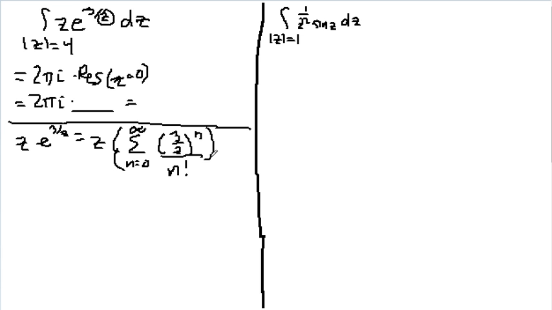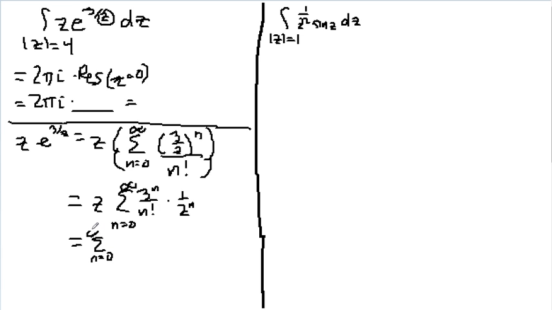If we simplify this a bit, this is 3 to the n over n factorial times 1 over z to the n, from n equals 0 to infinity. And if we suck the z in there, we get the sum from n equals 0 to infinity of 3 to the n over n factorial times 1 over z to the n minus 1.